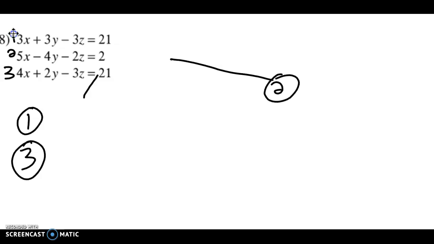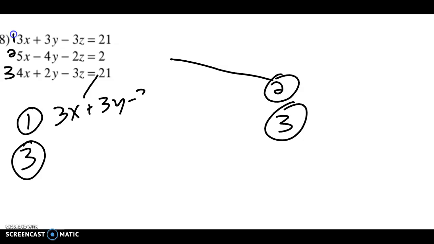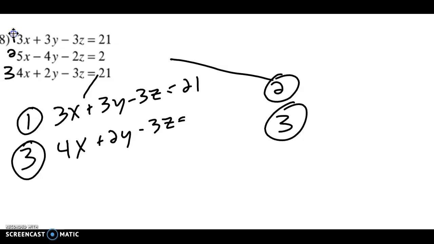And then I need to take equation 2 on the other side and do something similar. So I'm going to take equation 2. I'm just going to go with equation 3 to solve on this one. All right? So I'm going to write these two out. We get 3x plus 3y minus 3z is equal to 21. Okay, down here we get 4x plus 2y minus 3z is equal to 21.